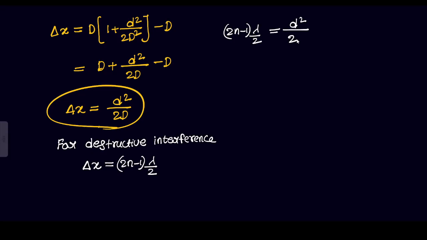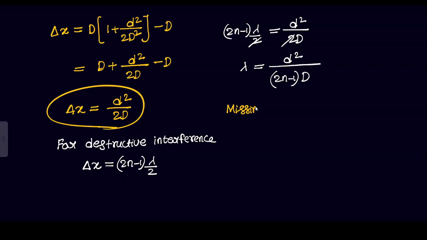Then the 2 will get cancelled, so lambda will be d square by (2n minus 1) into capital D. If I put n value 1, we can find the missing wavelengths.